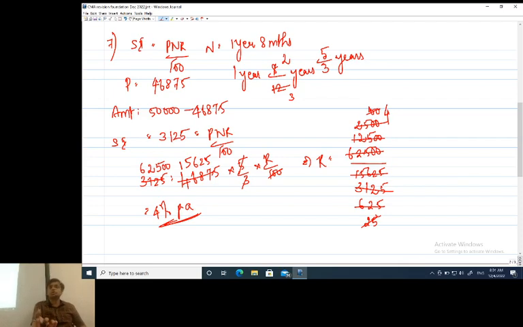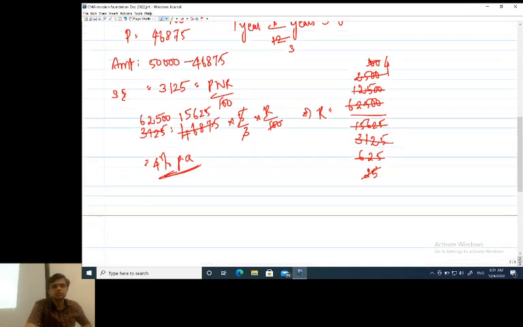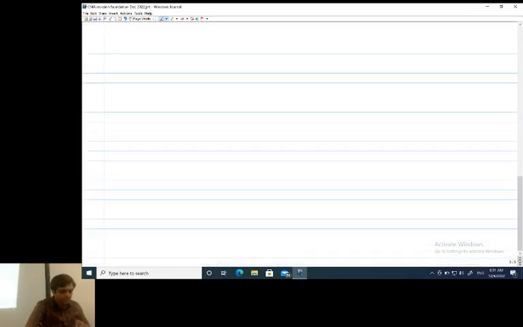I have written the solution clearly first. Next one, what sum of money will produce 28,600 as interest in 3 years 3 months at 2.5% simple interest? So simple interest is given to be how much? 28,600. The period is given to be 3 years 3 months.